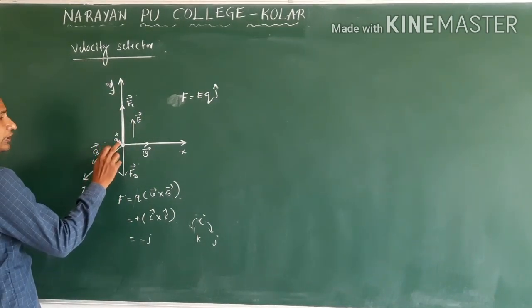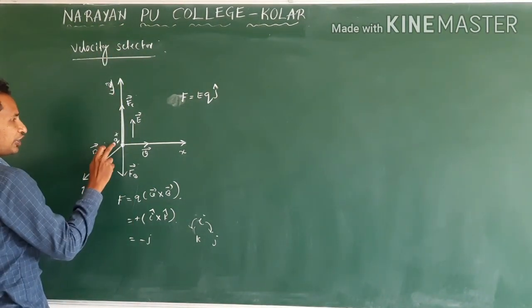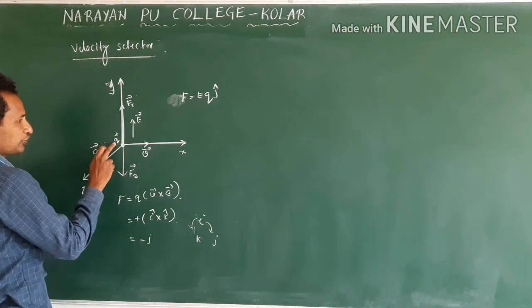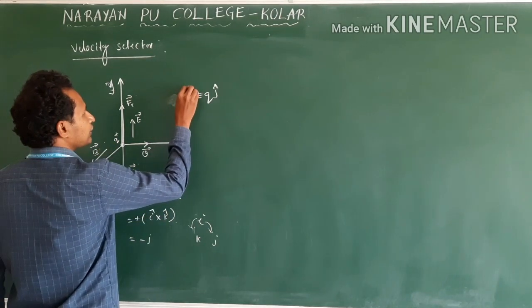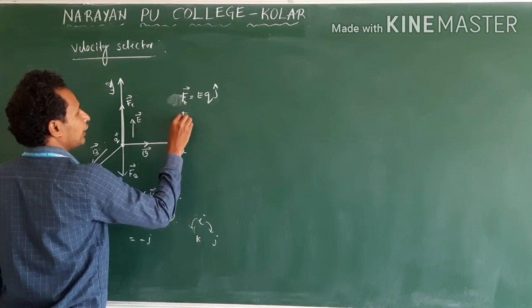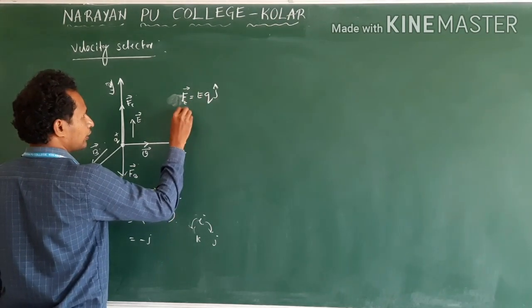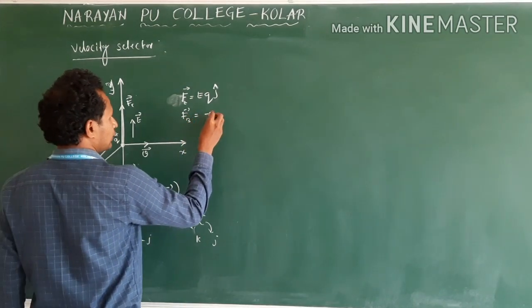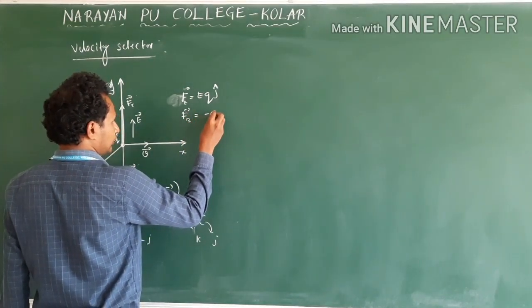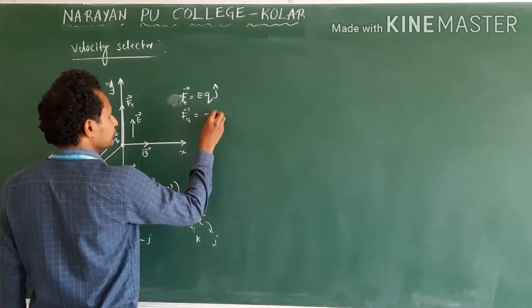Electric force acts up. The charged particle experiences force due to electric field upwards, and the same charged particle experiences force due to magnetic field downwards. So this is the electric force and this is the magnetic force FB, with a minus sign.